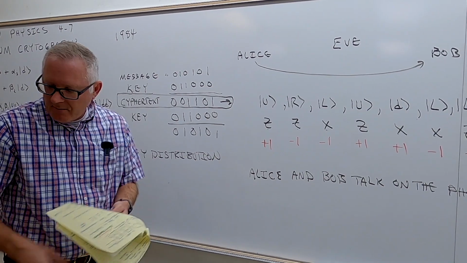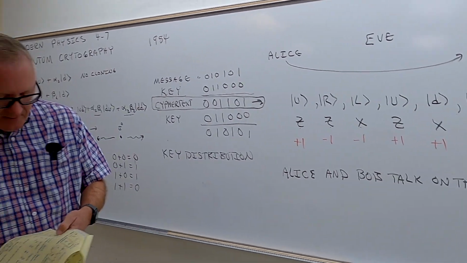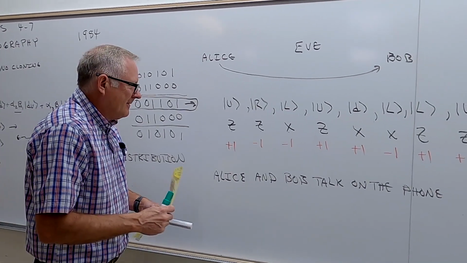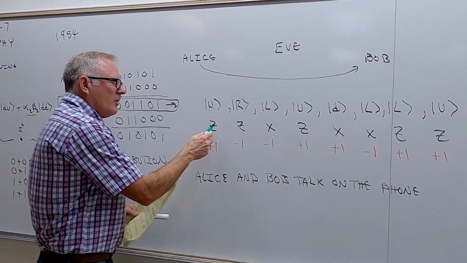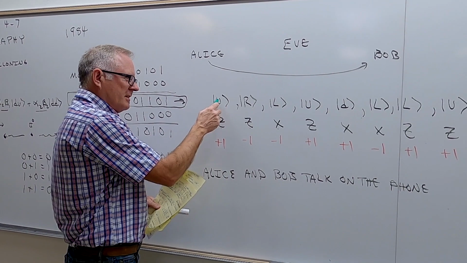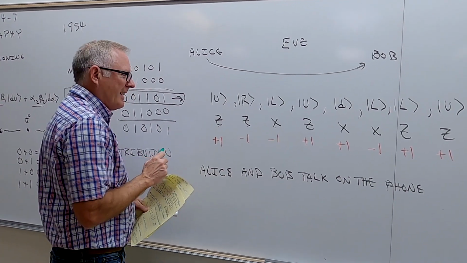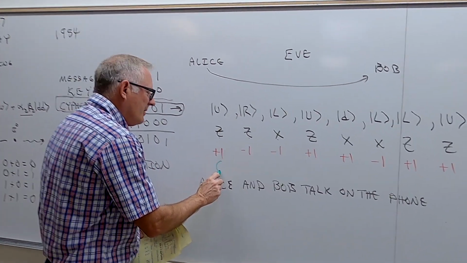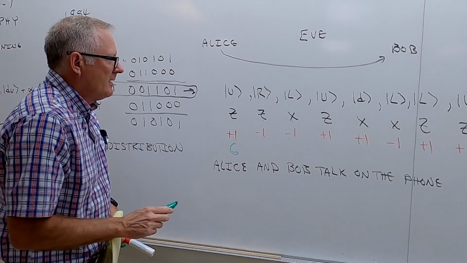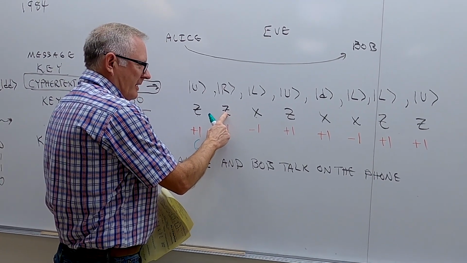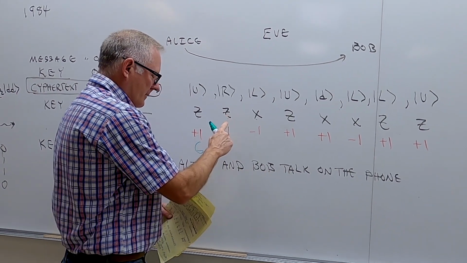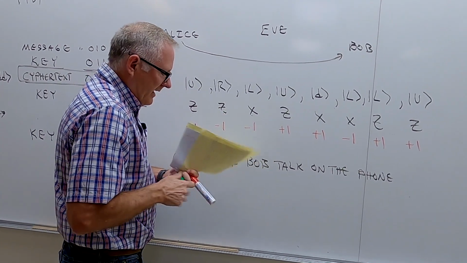Now, what Alice says is, this was a good measurement because the Z actually ended up with the up. So she's going to say, that's a good measurement right here. This one right here is not a good one, right? That's a bad measurement. So maybe I'll put that one in red.